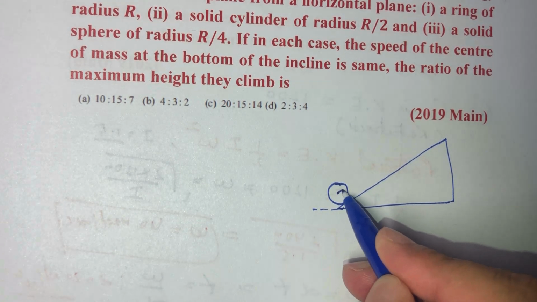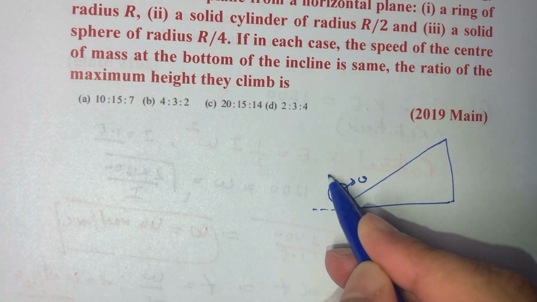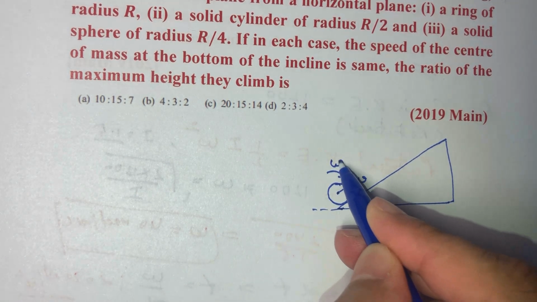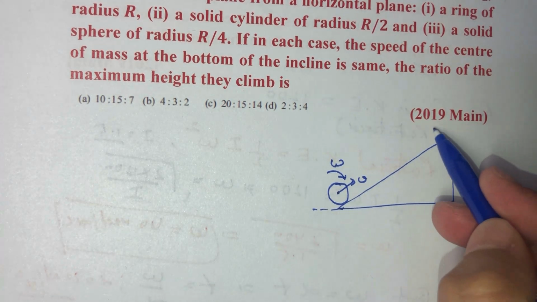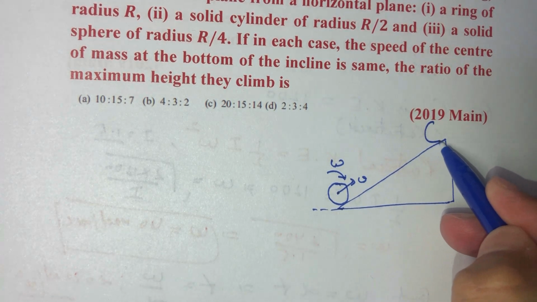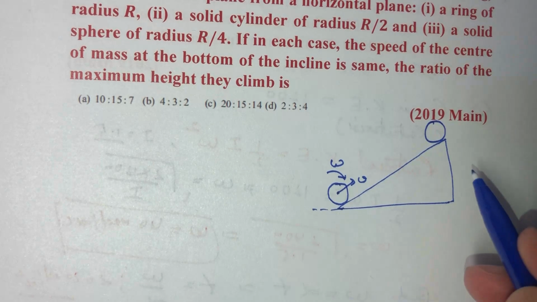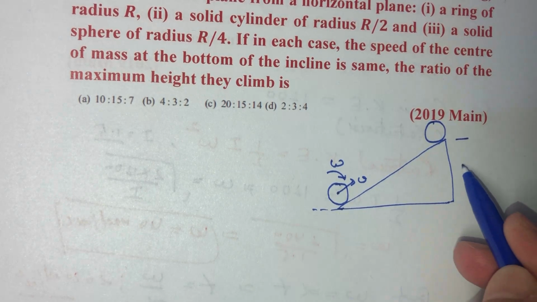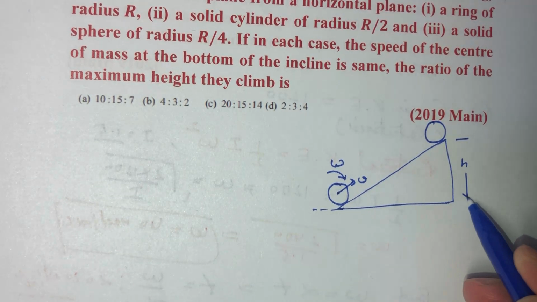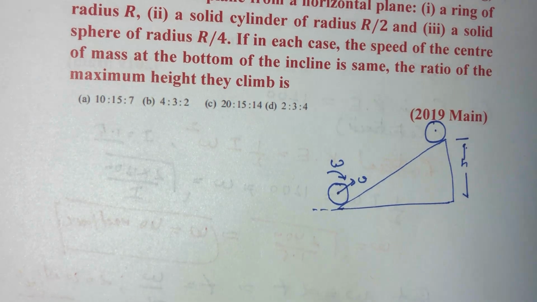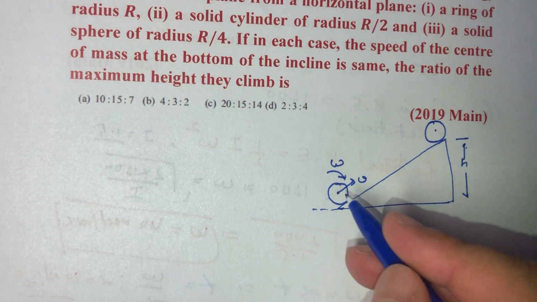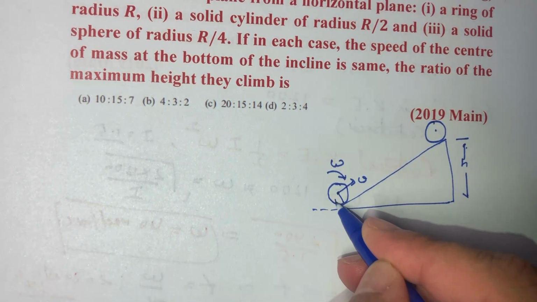V is the velocity of their center of mass and omega is the angular velocity. This is the initial position and this is the final position, and let the height be h and r is the radius.